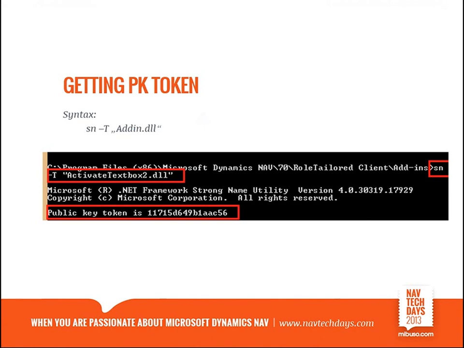Here we can see a very simple example of how to get this public key token. The syntax of this tool is sn -T and then the DLL itself, the library. Afterwards you get a result, your public key token, which you will be using when you register your add-in inside of NAV.